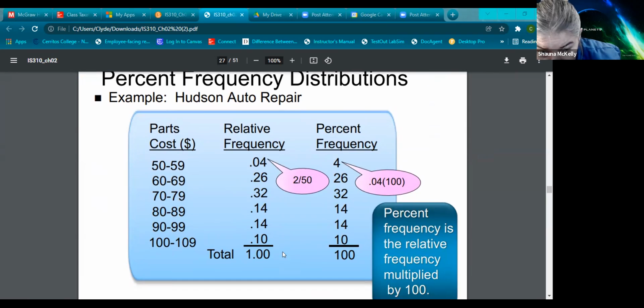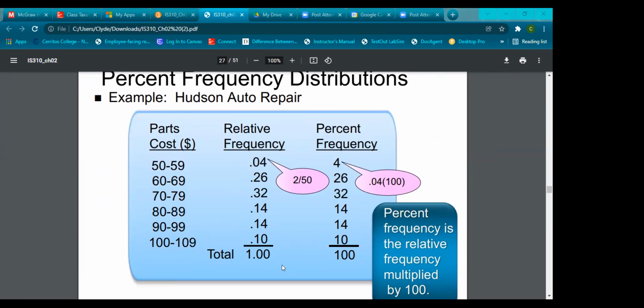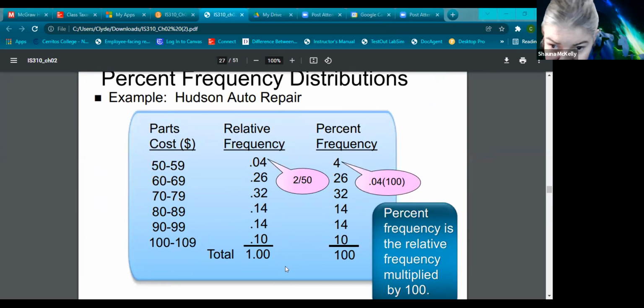Relative frequency, we know there were 50 data, right? Yes. So this is 50 data. If I just do the frequency, that's how many data values there are, right?